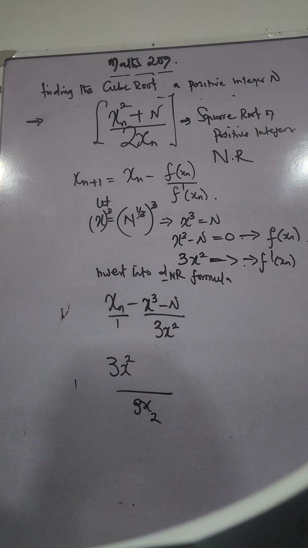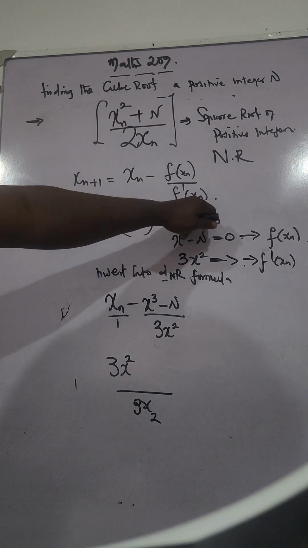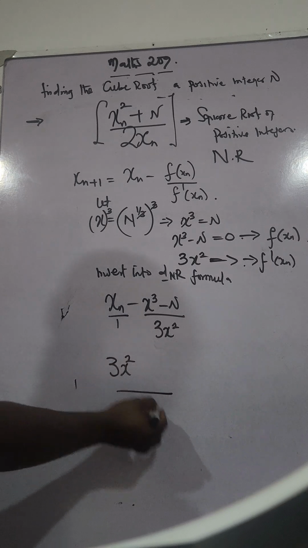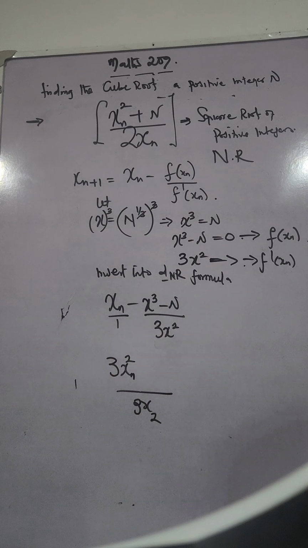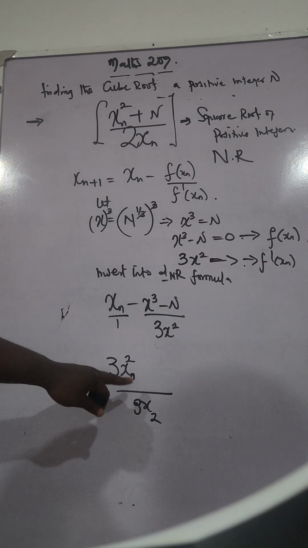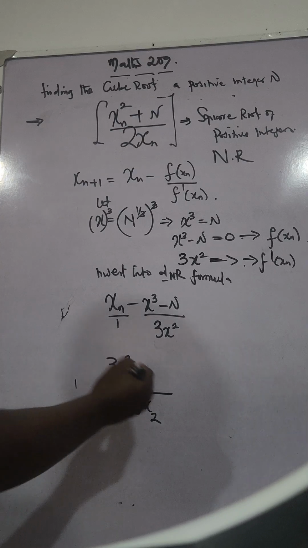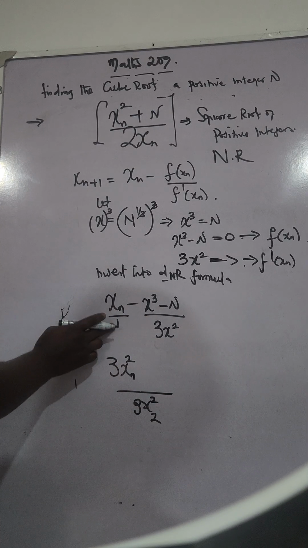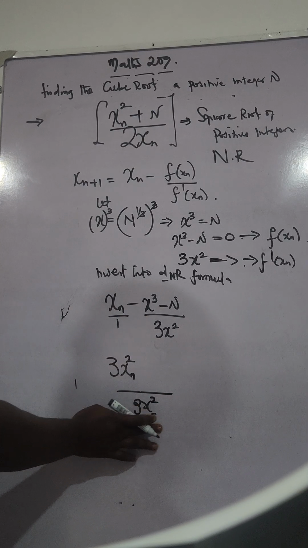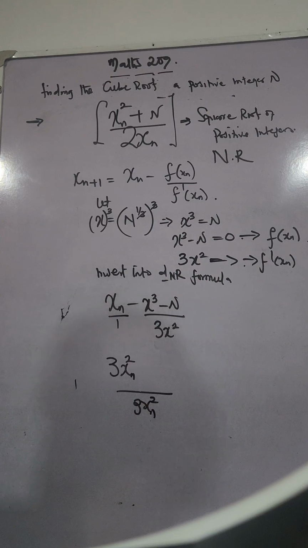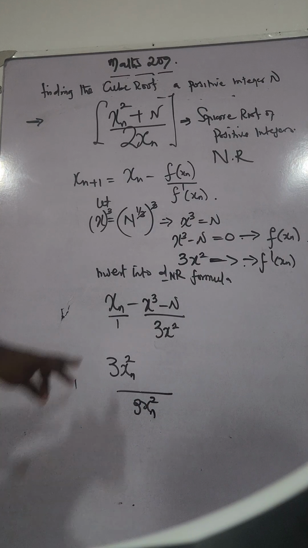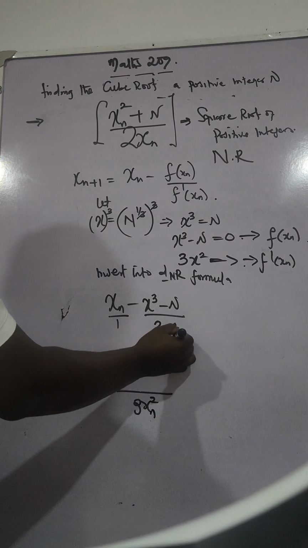I told you that because there is a subscript of n, let's just put subscript n anywhere we see x. So we have 3x_n squared. How many times do we want to go in 3x_n squared? Let's put an n here.